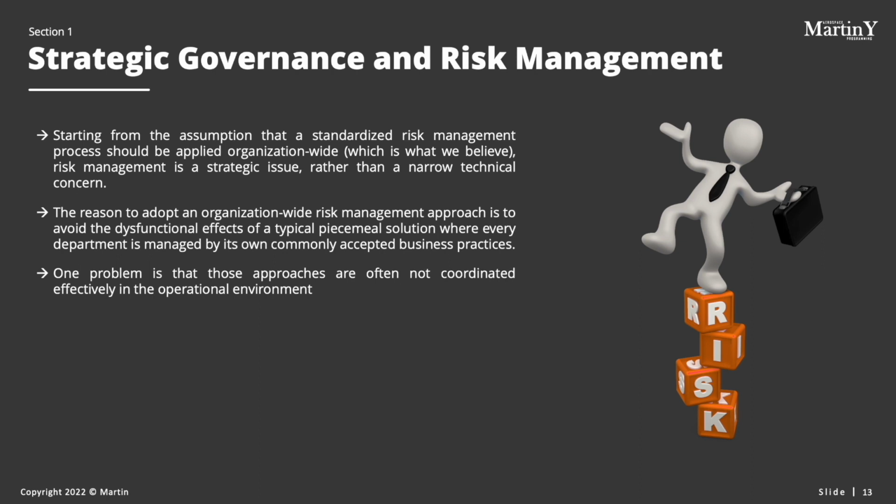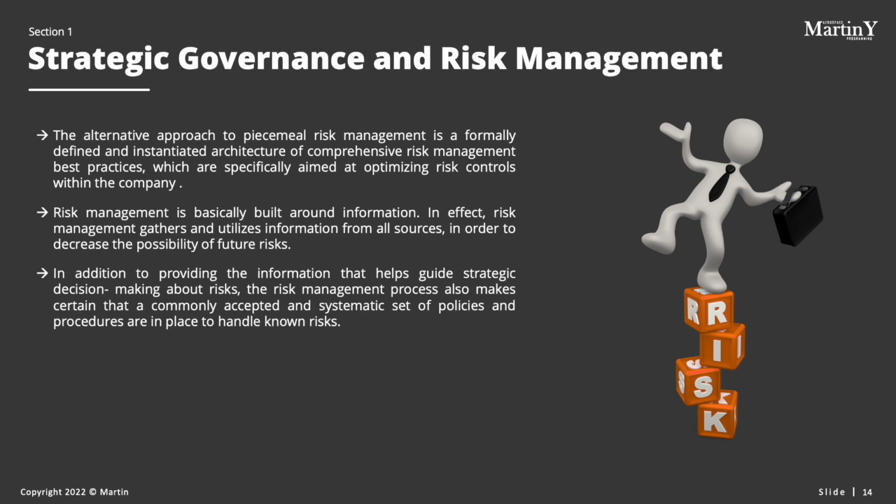Organizations develop specific one-time responses as risks present themselves, rather than addressing them by employing a single coordinated management strategy. So an alternative approach to the one that I just mentioned is to have a formally defined and instantiated architecture of comprehensive risk management and its best practices. In that way, companies usually aim to organize the risk controls within the company. The problem here comes from the fact that this is quite a complex system.